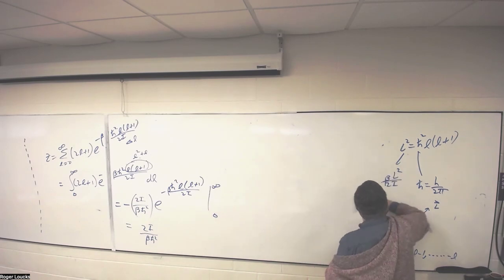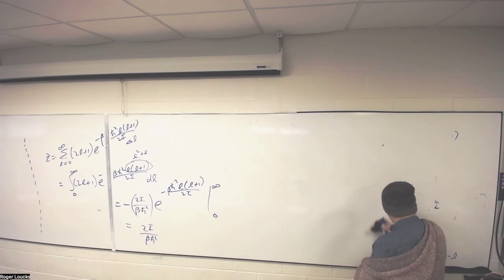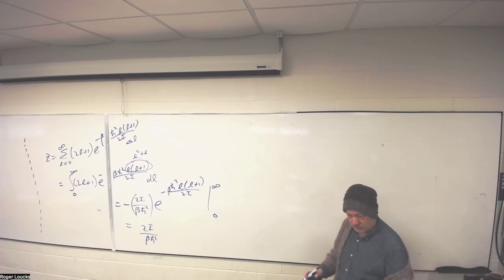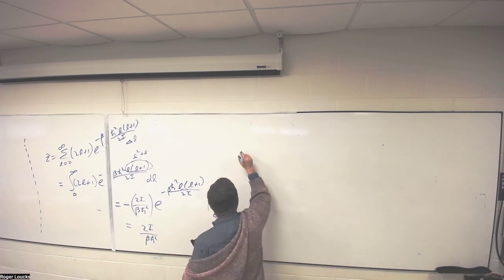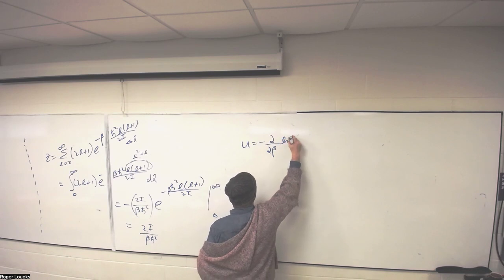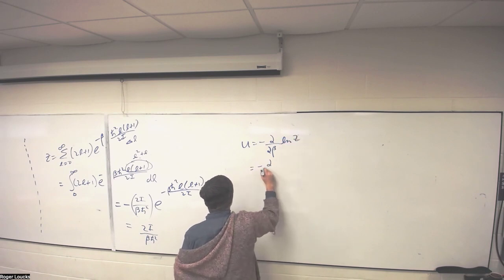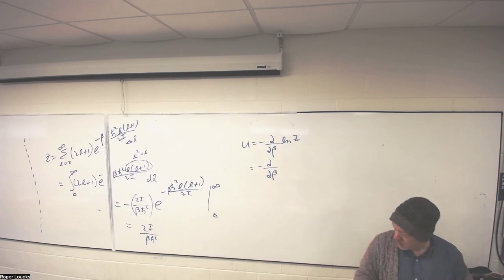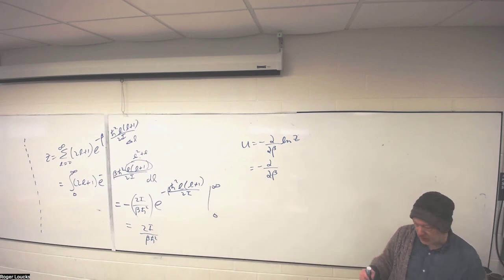Okay, you tell me now how to get the energy from this. We have to take minus the partial with respect to beta of the natural log. Okay, I'm lazy. It's splitting the whole thing up.